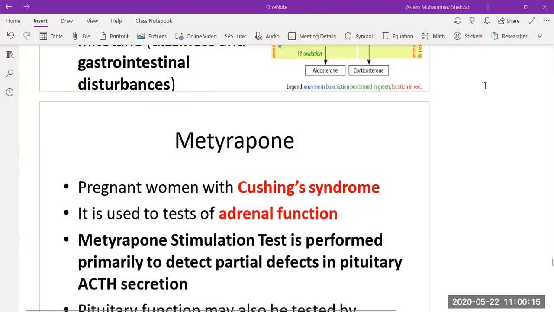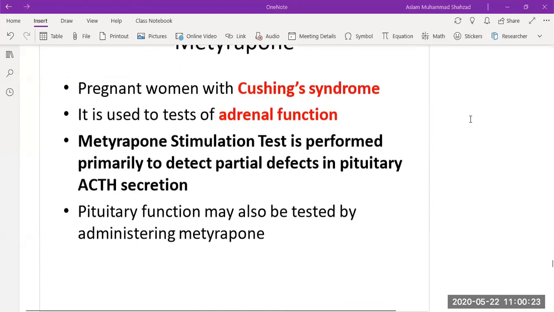Metyrapone is also used for the treatment of Cushing syndrome, especially in pregnant women. It is also used to test the adrenal function. The test used is the metyrapone stimulation test, to detect partial defects in pituitary adrenocorticotropic secretions.